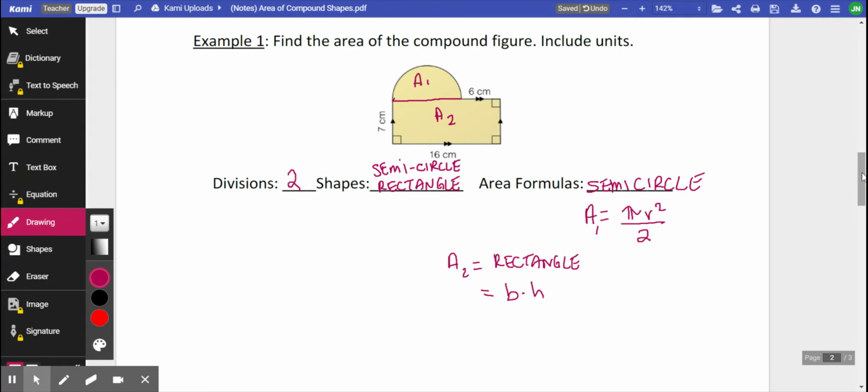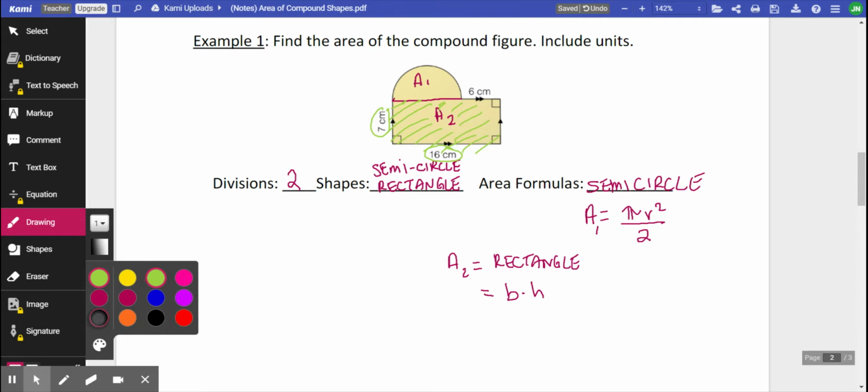The way we do that is by adding up area 1 plus area 2 to get the total area. Let's worry about area 2 first, which is the simpler one. Area 2 is this area here, the area of this rectangle. To find it, we multiply base by height. In this case, the base is 16 centimeters and the height is 7 centimeters. Let's substitute that in.